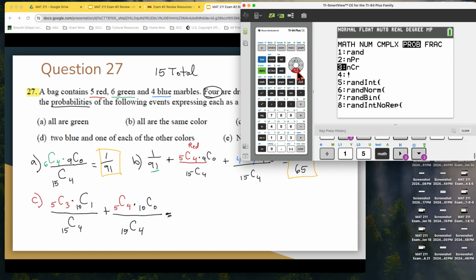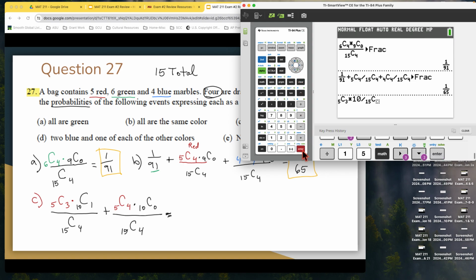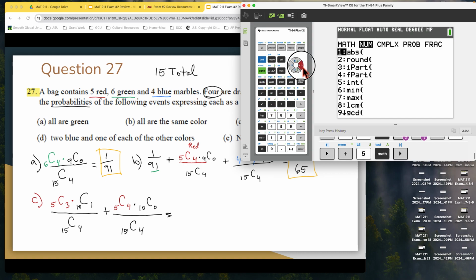And you might want to memorize, write down what this 15 choose 4 is, and then just write the answer down. Maybe that's quicker, however you want to do it. And then we do a 5 choose 4.